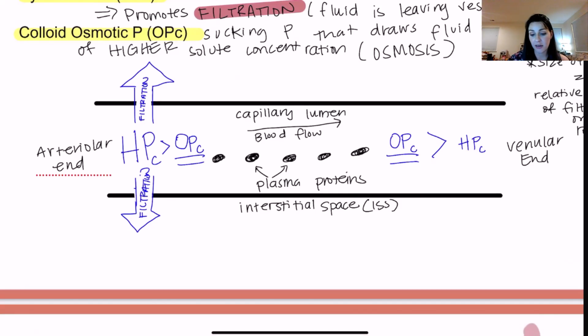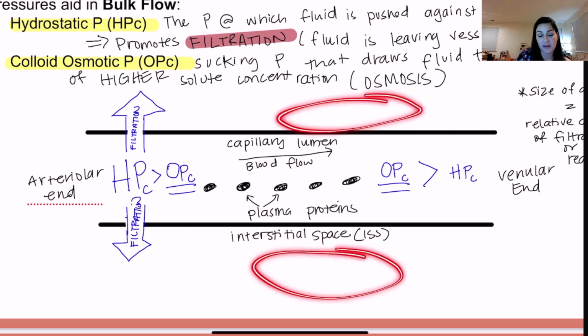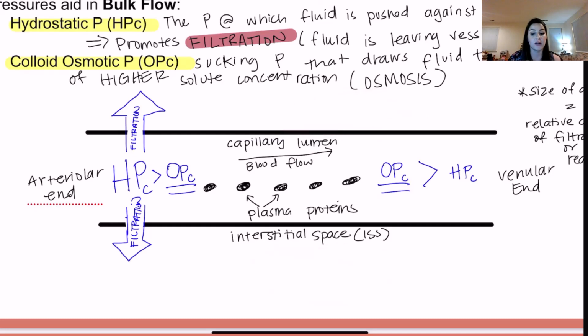What happens on the venular end is the flip side. Because osmotic pressure is bigger, we're going to pull stuff in. And why we pull stuff in is osmosis. Osmosis happens when we have a different concentration of water across a thing. So in the interstitial space, there's lots and lots of water, not so many proteins and solutes. Solutes draw water. We learned that in Bio 430.